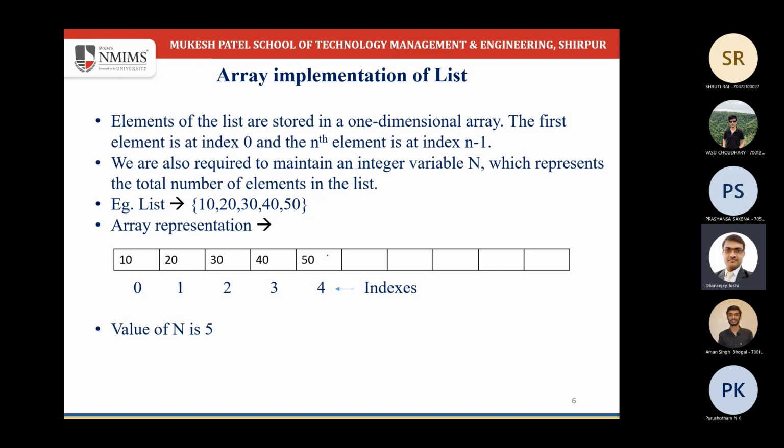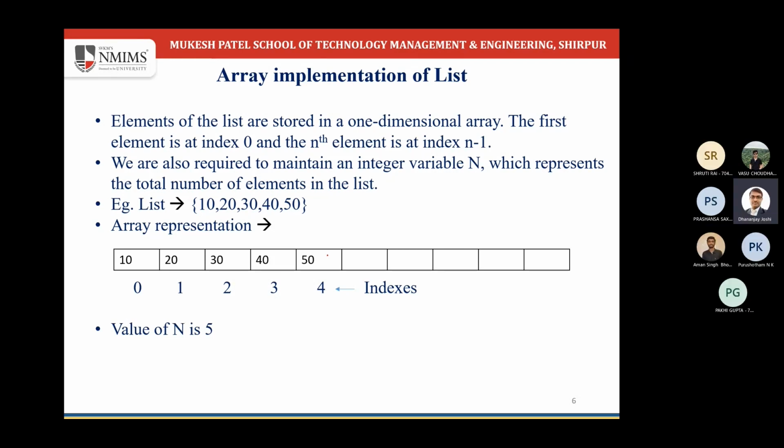So we need to declare an array of size 100. But at any point of time we may not reach 100 elements. We may have only 40 to 50 elements on average in the list. So whenever we are using array implementation, we need to think about the worst case, what may be the maximum number of elements we can store. Since it is a static allocation, we need to give a fixed size.